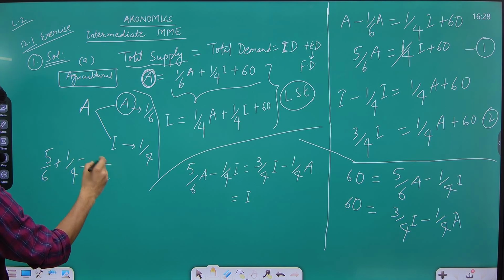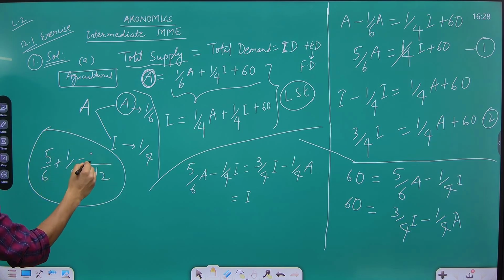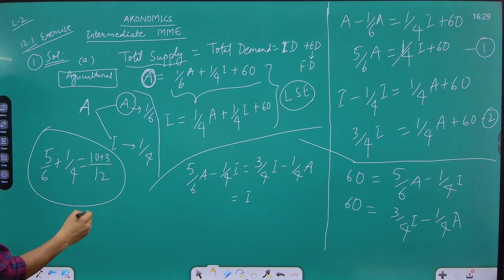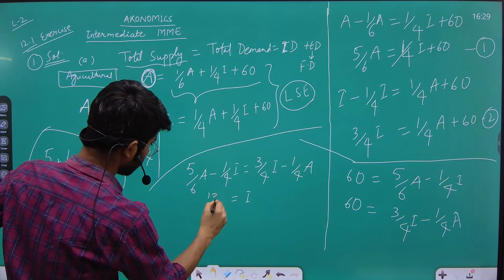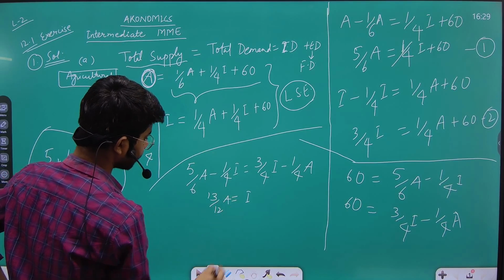That would be 12, and it would be 10 plus 3. Okay, so that would be 13 by 12. So 13 by 12 A equal to I.